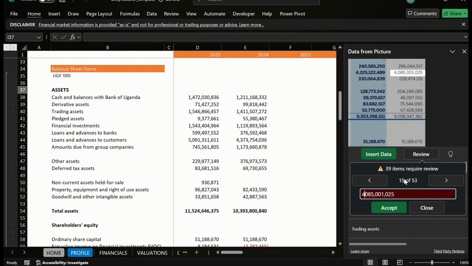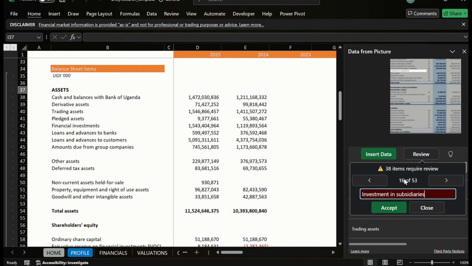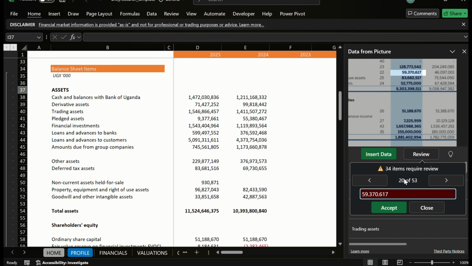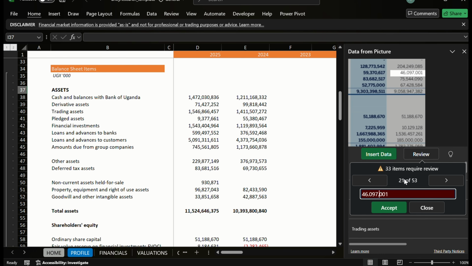So you can see, out of 53, you have no choice here. Either do it here or do it cell by cell. There's no limit here.